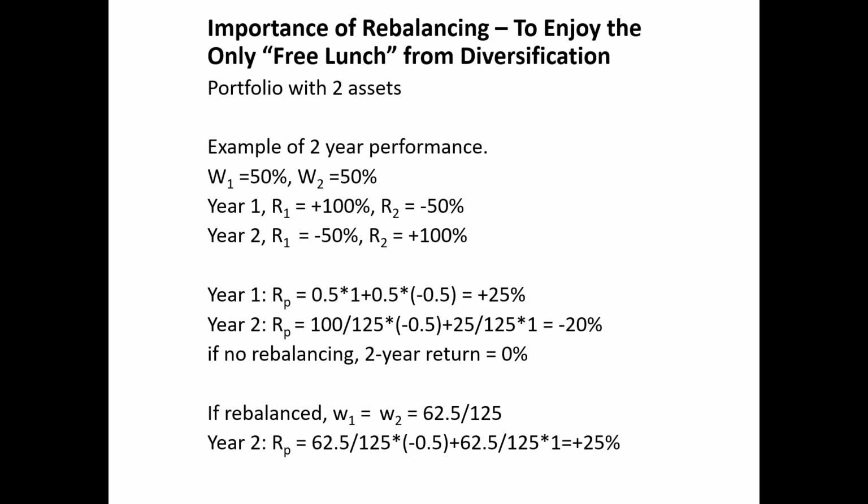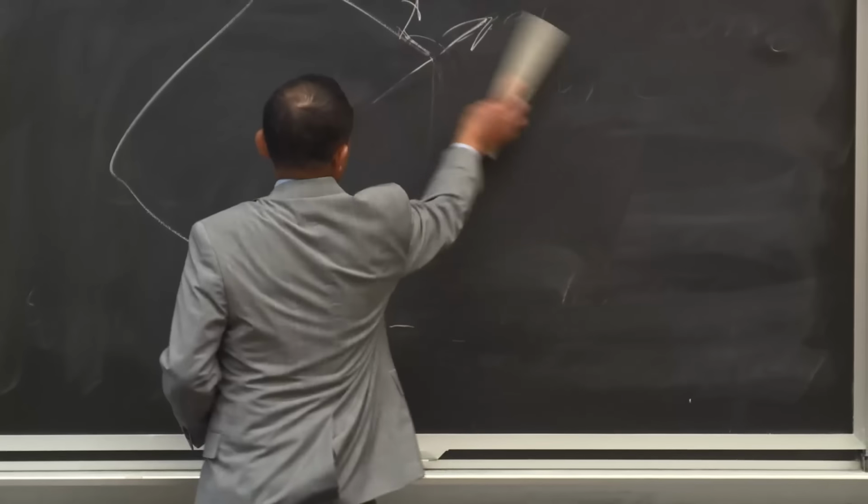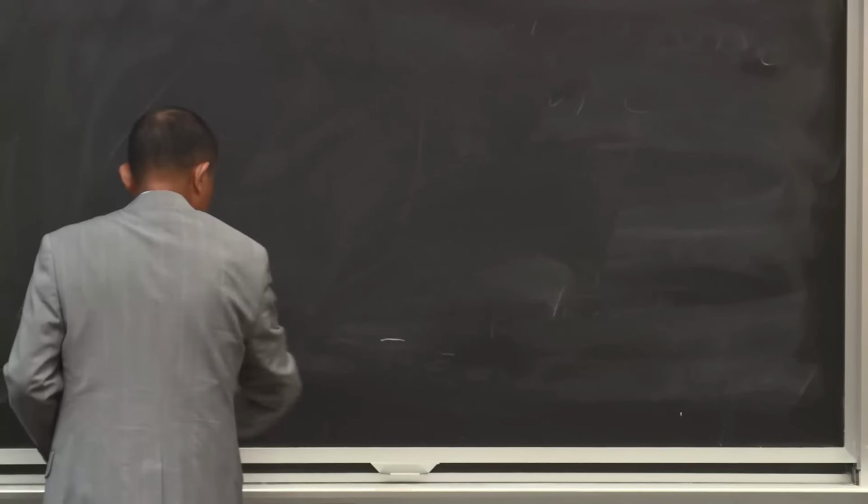Just think about, you have two assets in a 2-year period. In year 1, the first one doubles, and then in year 2, it halves. So I think it's a little easier to show on the blackboard. But the other one does the opposite, right?